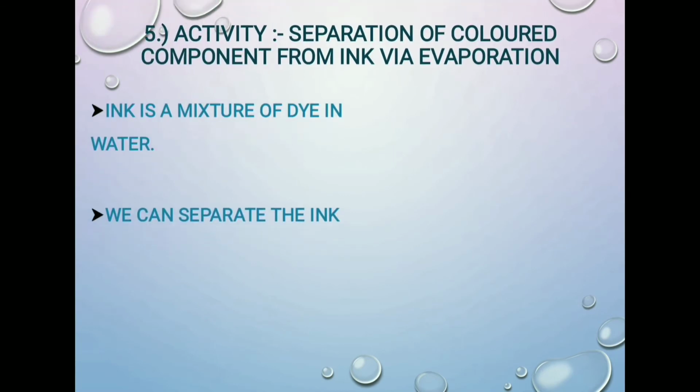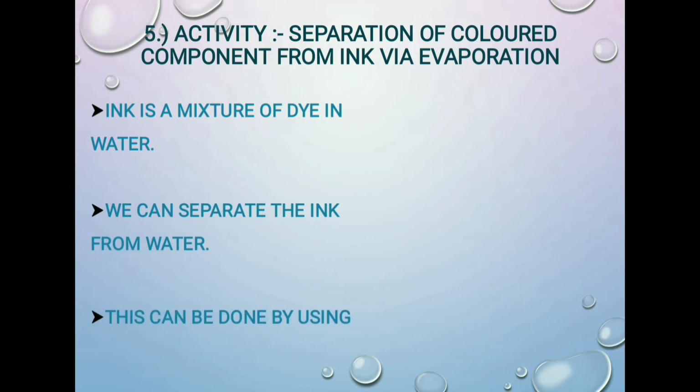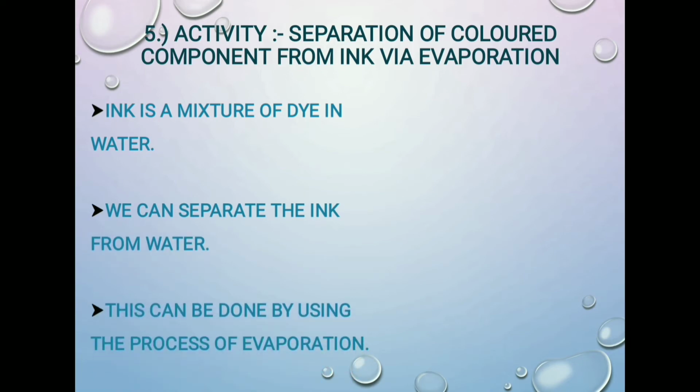The next topic is an activity, and that activity is related to the separation of the color component from ink via evaporation. Students, the changing of any liquid into vapors or gas at any temperature is known as evaporation.